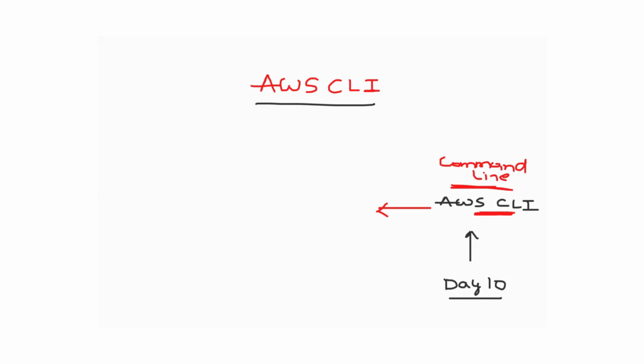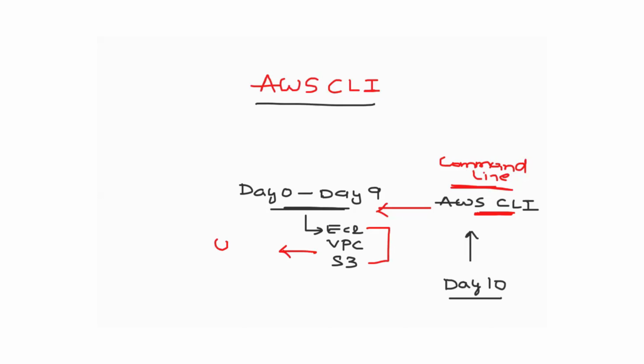Firstly, all these days, from day 0 to day 9, whenever we used the AWS account and whenever we tried to create resources such as EC2, or when we created VPC, components of VPC, S3 buckets, we created all of these things using the AWS UI. That is basically the AWS user interface, right?